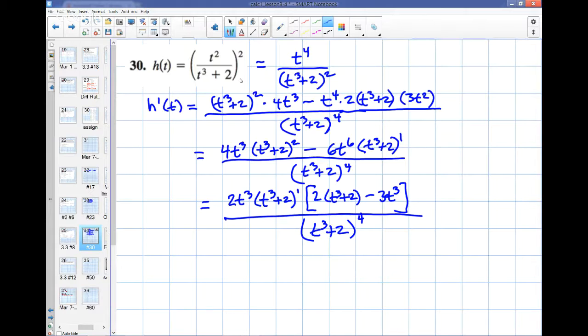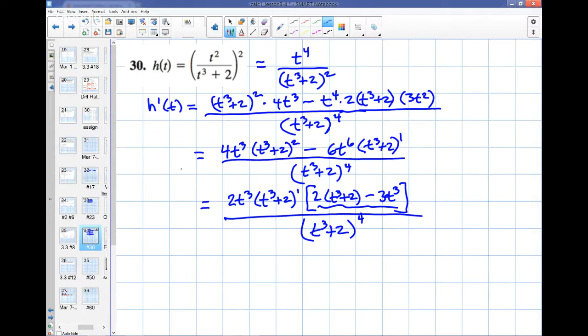Okay, so now can we do some canceling? Yeah, we can cancel this t cubed plus 2 on the top with one of the 4 on the bottom. And then what does this turn out to be here? This just turns out to be 2t cubed plus 4 minus 3t cubed. 2t cubed minus 3t cubed is negative t cubed.